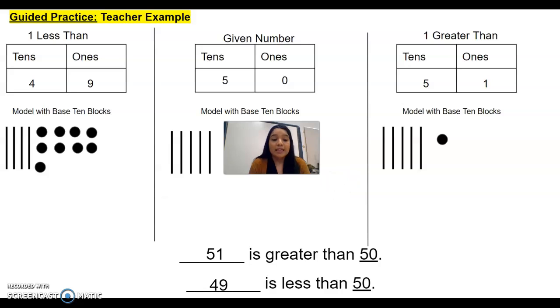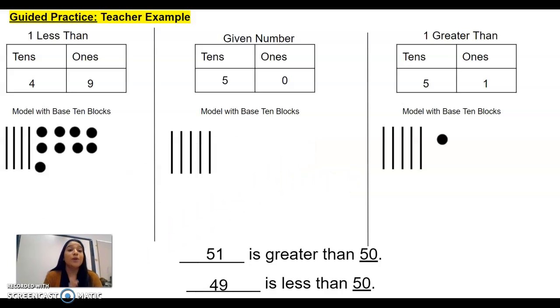Okay, let's look at this problem that we did as well on composing and decomposing numbers and doing 1 greater than and 1 less than. So in this problem, we had our given number, which is 50. We had 5 tens and 0 ones.